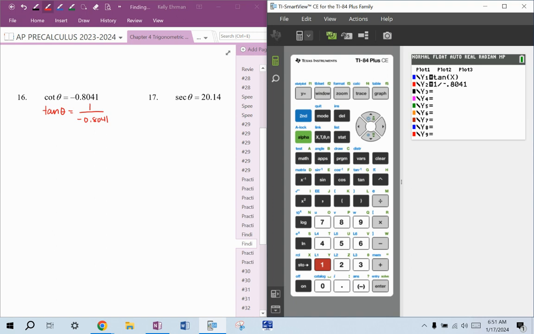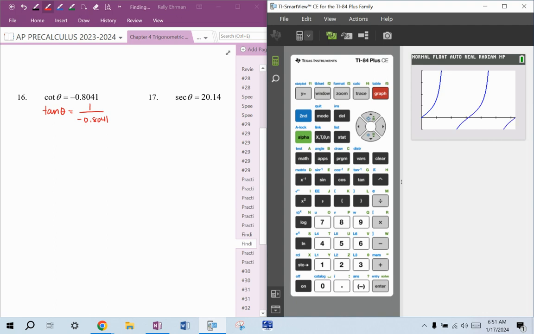And then let's hit graph. Now, how do I see what 1 divided by that value is? If you want to adjust your window better, on your home screen, see what this comes out to. 1 divided by negative 0.8041. So it's low. The reason it's not showing on my screen is because I stop at -1. I need to go a little lower.